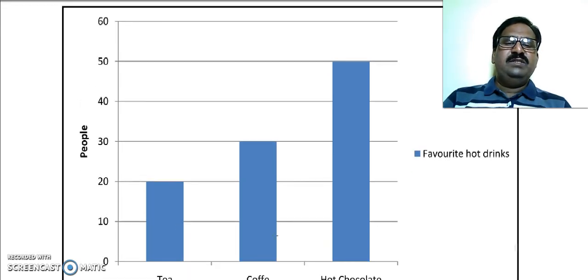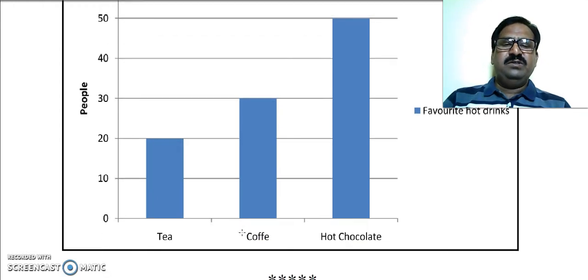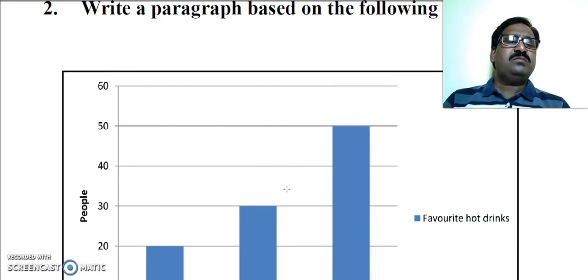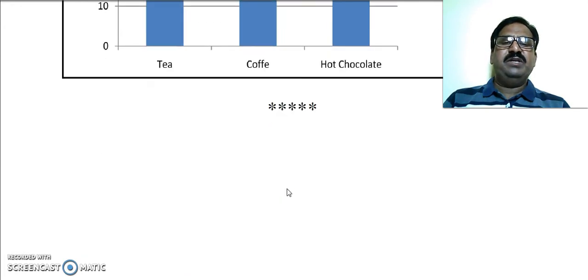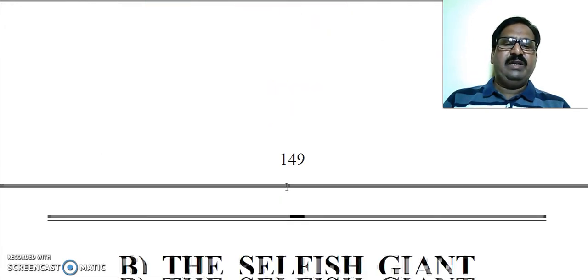So this is a trend, and it is a general observation that maximum people prefer hot chocolate. So this diagram can be interpreted in our own language.